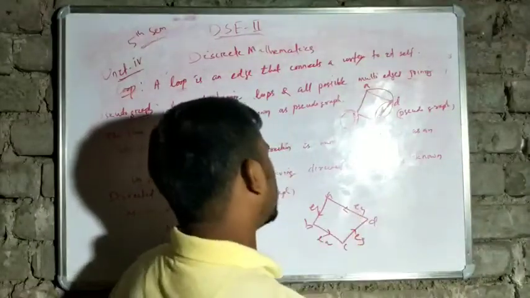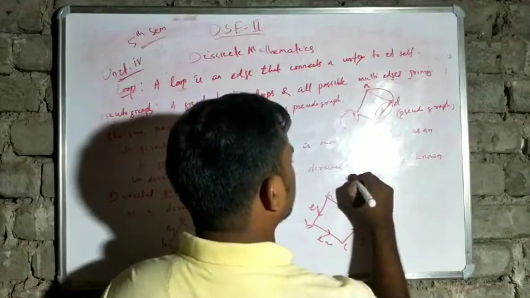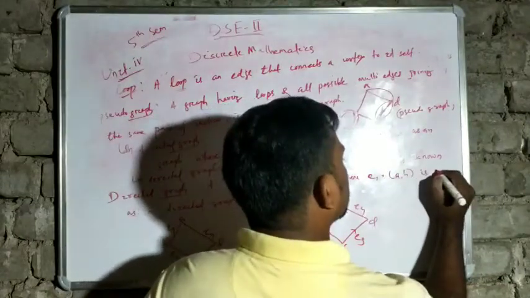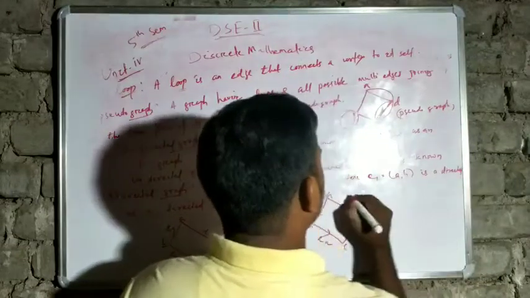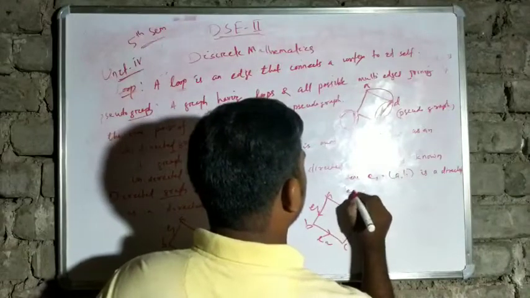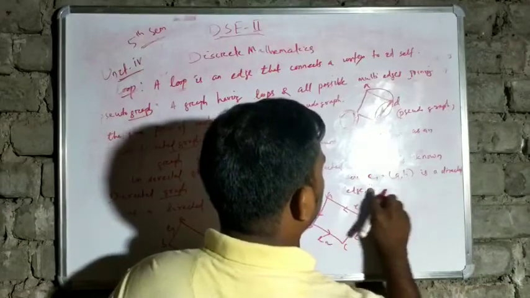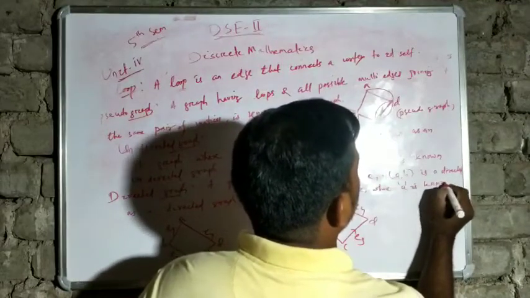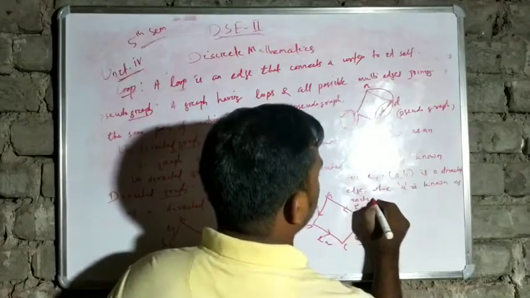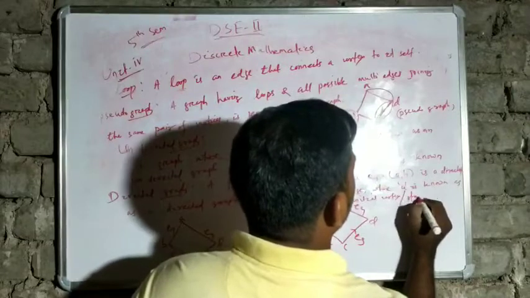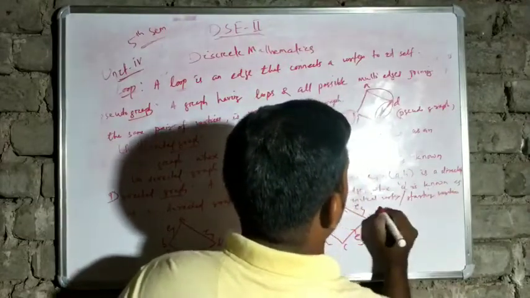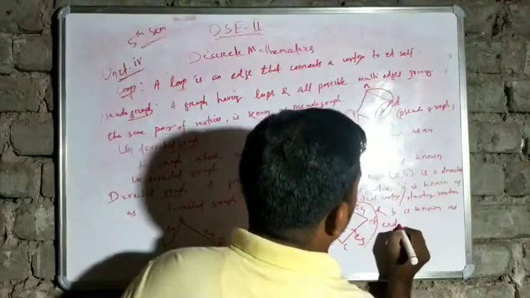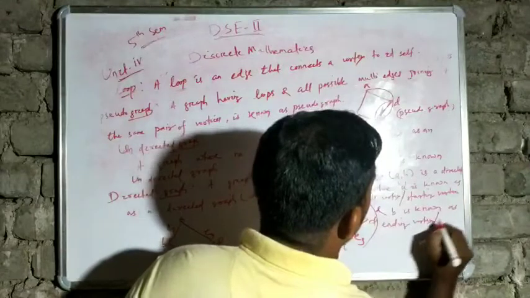Okay, so in a directed edge, here E1, that means here A to B, is a directed edge, where A is known as the initial vertex or starting vertex, and B is known as the ending vertex or terminal vertex.